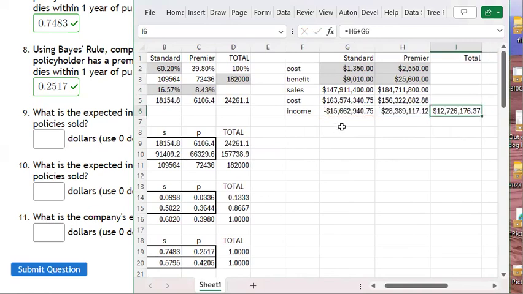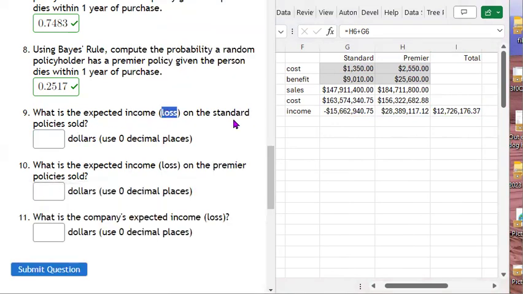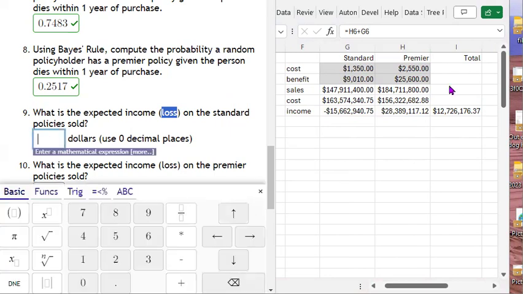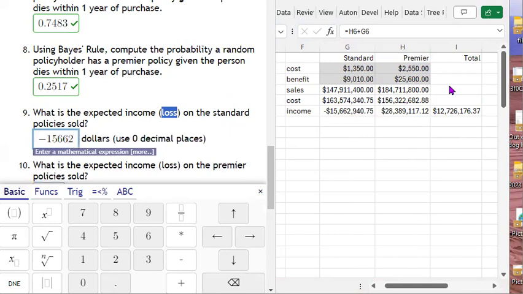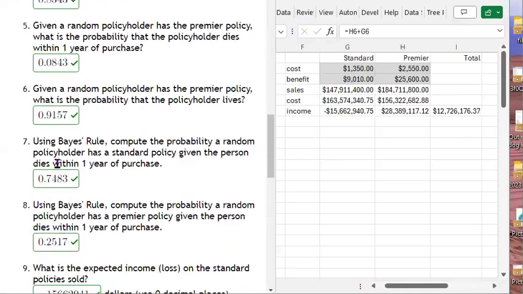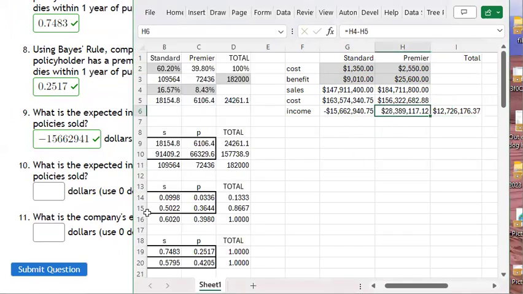Okay, so let's do that. So the expected loss on the standard policies is what? It's negative, so it's a loss. $15,662,940.75. And we're going to round to 0 decimal places. So that should work. Okay, that works. Good. What is the expected income or loss on the premium policies? Notice I didn't enter any dollar signs.